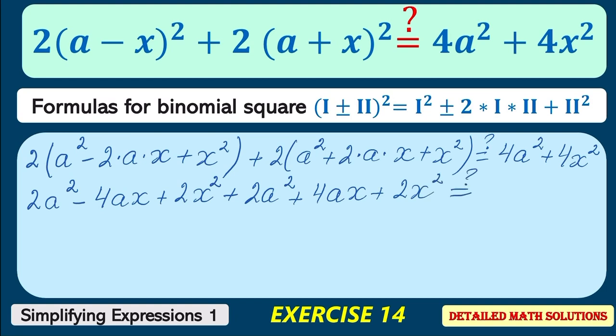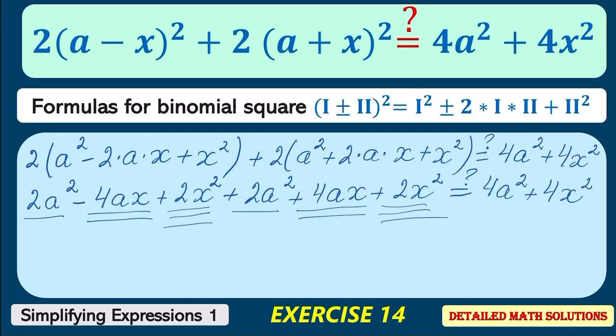And again, I need to see if this equals 4a squared plus 4x squared. Next, I'm going to add all like terms: 2a squared and 2a squared, negative 4ax and positive 4ax, then 2x squared and 2x squared.